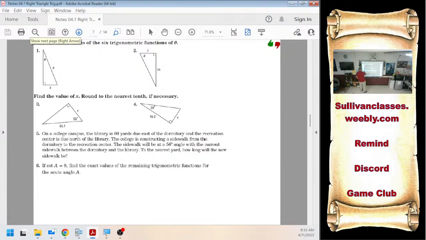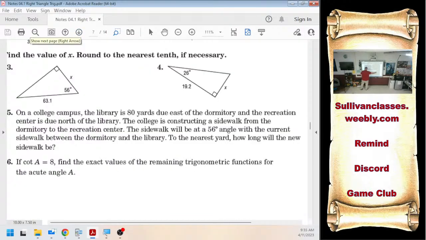Ooh, there we go. 5. Can you do it when you have to draw it? Do you know your cardinal directions? Never eat soggy waffles, right? You would not just say it like that.